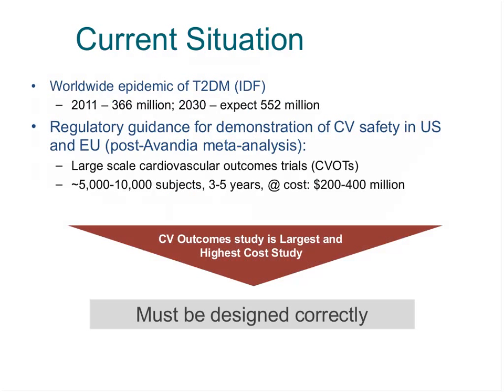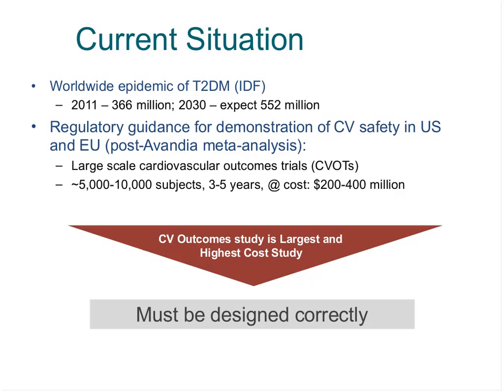As Zoran mentioned, there is a regulatory guidance both in the U.S. and in the EU with respect to what is now required to demonstrate cardiovascular safety in drugs to be approved for type 2 diabetes. Most companies have chosen a separate cardiovascular outcomes trial, which is typically combined with efficacy trial cardiovascular events with a meta-analysis at the time of meeting the 1.8 threshold.